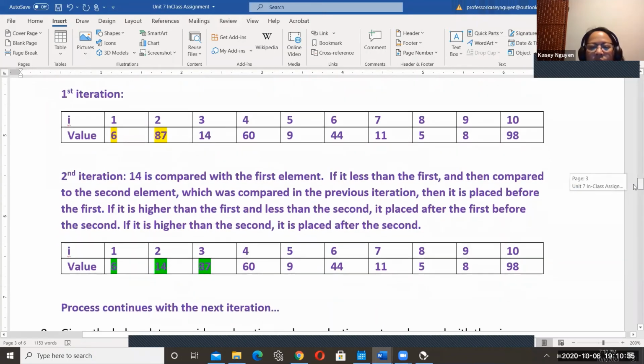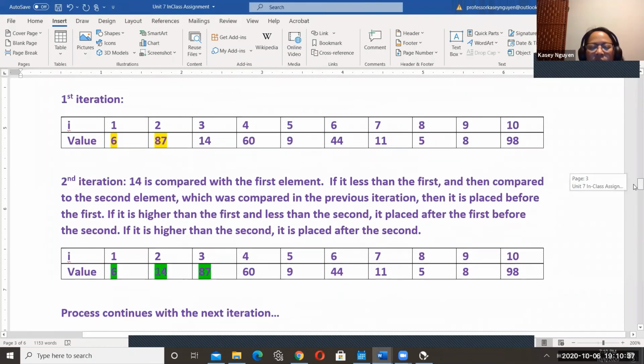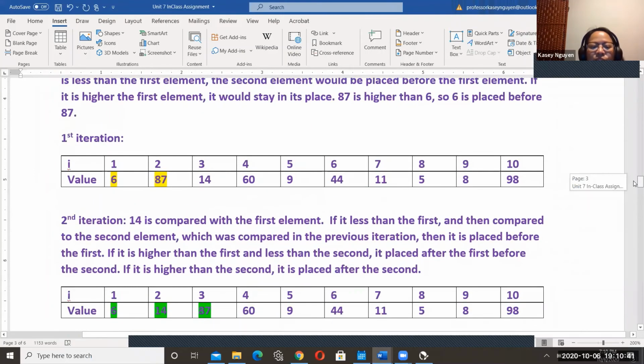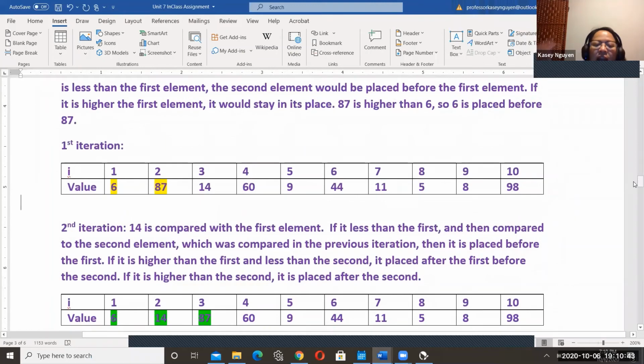Okay, so you don't have to do the rest of them. I just put that the process continues with the next iteration. So once you understand how it's inserting based on the comparison, right? It starts with the first, compares it to the second element, and if it's not in order, it swaps. And then it does that again, comparing it to the next one.